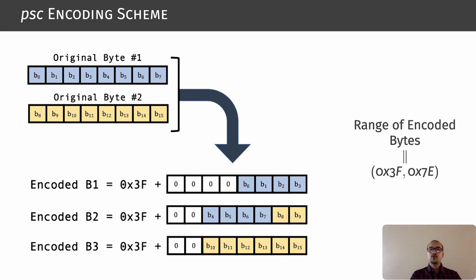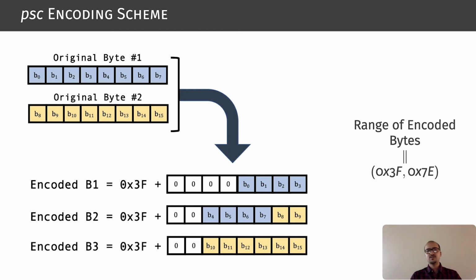This means that all these bytes B1, B2, and B3, which form the encoded payload, always lie in the range 3f to 7e. So for instance, if you consider the first byte B1, if bits B0 through B3 are all 0, then the value of B1 will be 3f, that's the minimum.